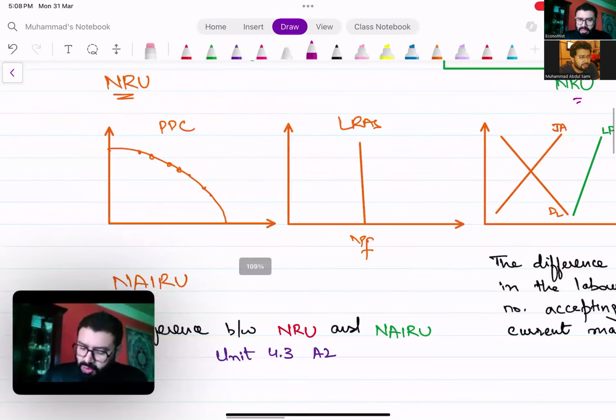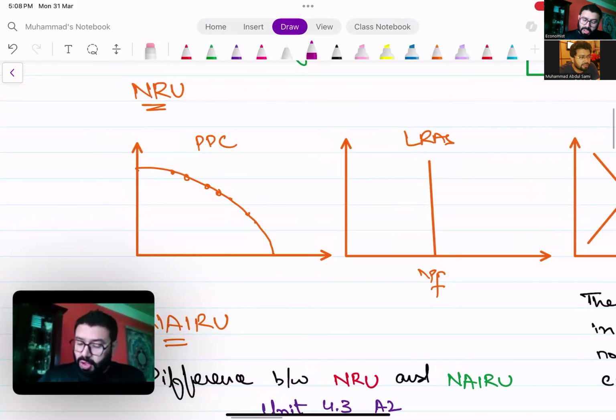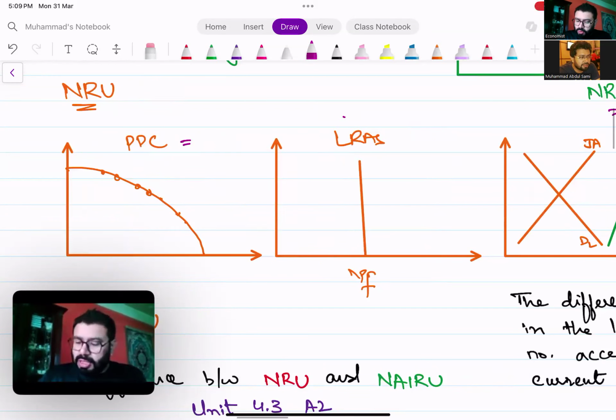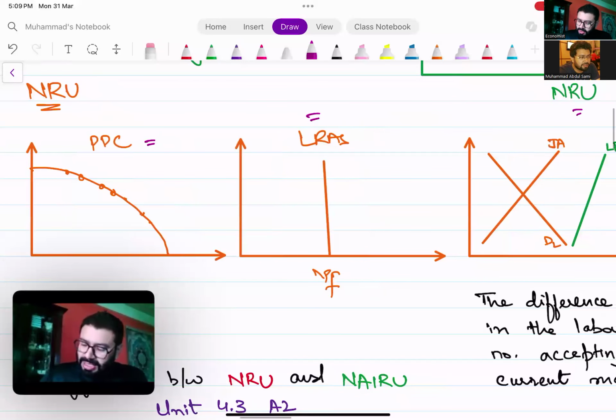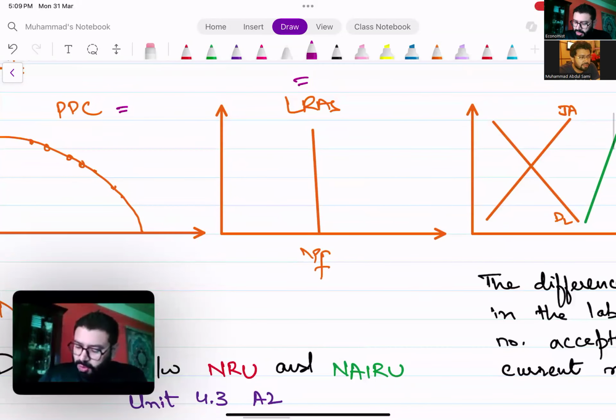To talk about the potential level or full employment, you may use different economic models. In AS economics, you have used the PPC, production possibility curve, to show the full potential of an economy. The other economic model that you have used is LRAS, long-run aggregate supply. Here you are seeing a classical LRAS, and on the other hand, you also know the Keynesian LRAS. So you are also aware of the point of full employment.